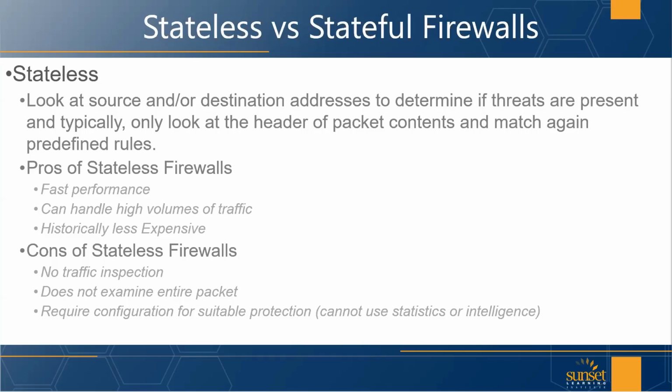What I mean by that is I don't get any intelligence feeds to it. I'm not tracking any of the connections. So basically, this is a reactive piece. I can't use any sort of intelligence to predict future malicious traffic. So we're constantly building rules in this to make sure it works.